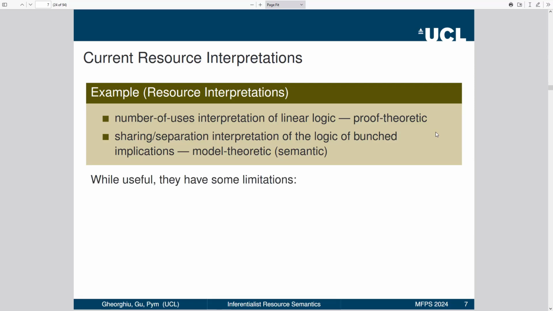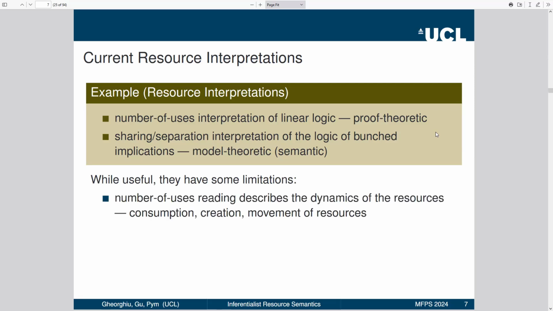Okay, so they're both very good and very useful, but they have some limitations. So in terms of our notion of resource semantics, the number of uses reading is really all about talking about the dynamics of the resources. So how they move, how processes shift them and change them, consume them. But it doesn't, for example, talk about the structure of the system. Right?